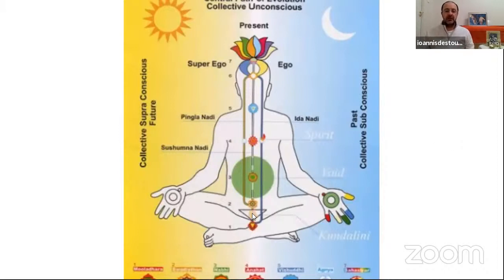This is called the sacrum bone in English, and it's not a coincidence that it's called that; it's coming from the word sacred. There is an energy residing there, which in Sanskrit is called Kundalini. Kundalini means coiled, and if you look very closely, you will see that it's coiled in 3.5 coils.